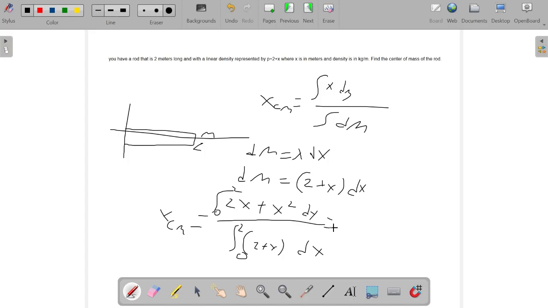So then you can just do this math out. What we get is x squared plus x cubed over 3, and of course here's 0, here's 2. This is just doing a basic integral. Here is 2x plus x squared over 2, from 0 to 2.